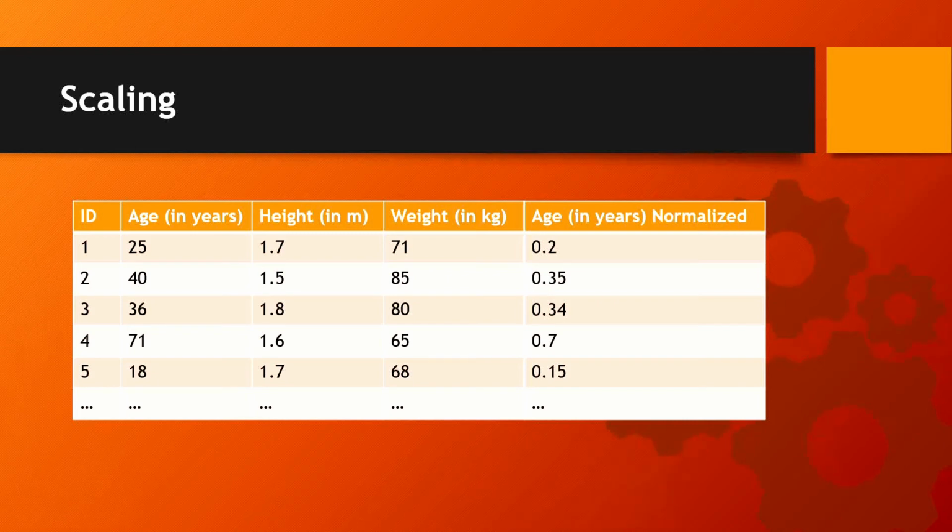Another important side effect of this operation is it also speeds up a lot of processes at the back end, and it helps you analyze data in a better manner, and it reduces the chance that one particular variable will dominate over the others because of the sheer range of it as compared to others, right? So no variable should get that undue advantage.